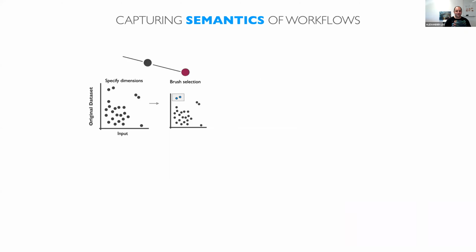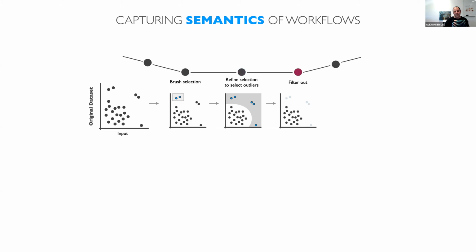We want to redefine the workflows by including semantic information. So again, if you want to capture a semantic workflow, we first specify dimensions, then we brush a selection, then we refine the selection to select outliers using the approach that I showed you earlier. Now we know semantically this is supposed to be selecting outliers. Then we filter them out. And now we have another workflow that is robust to updates or changes.